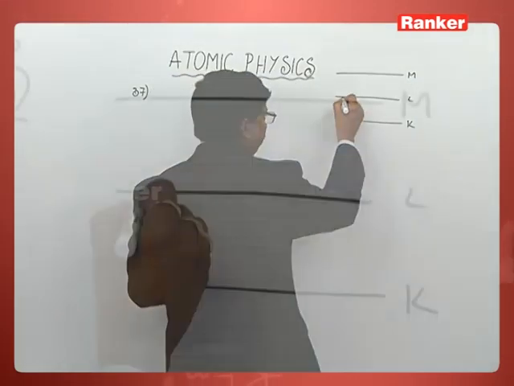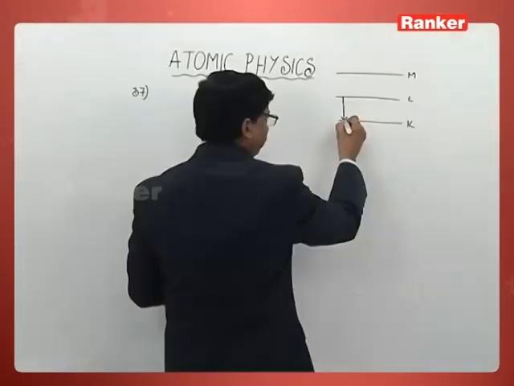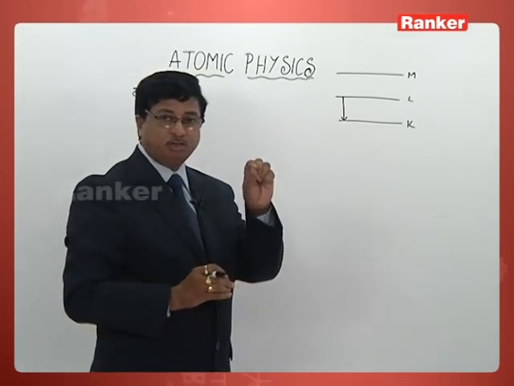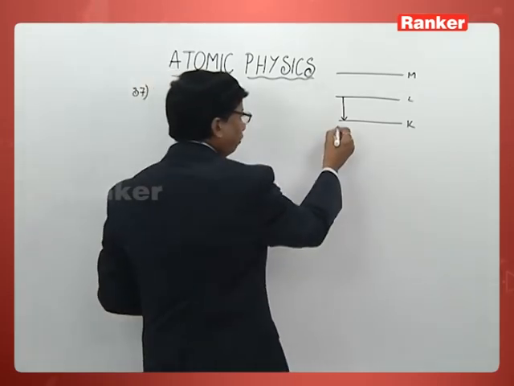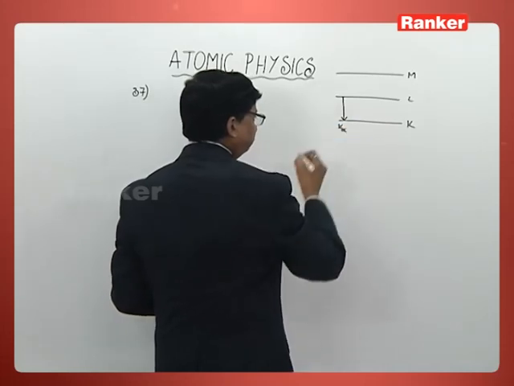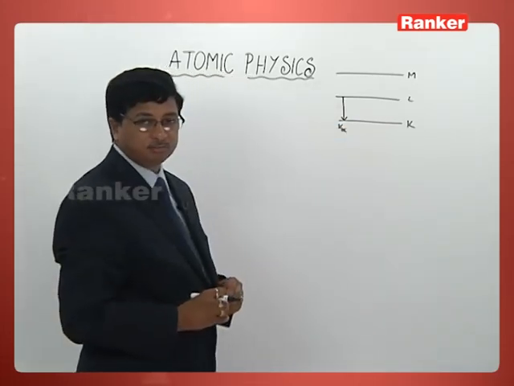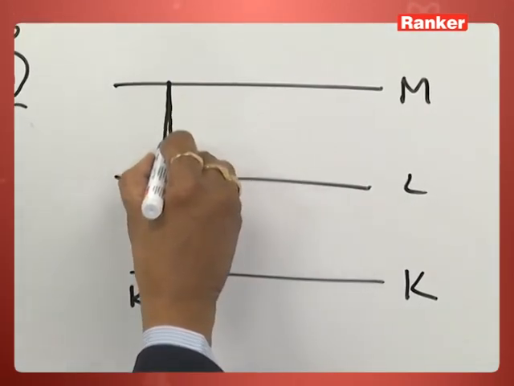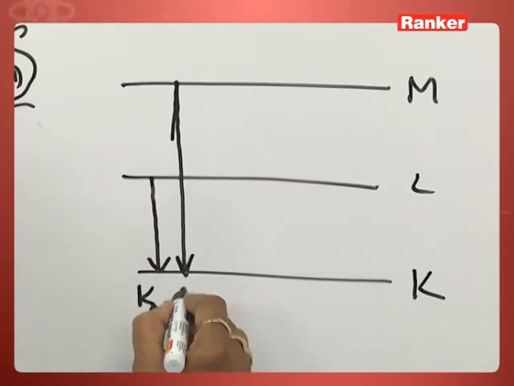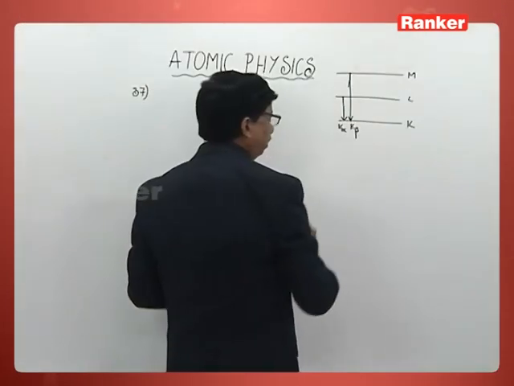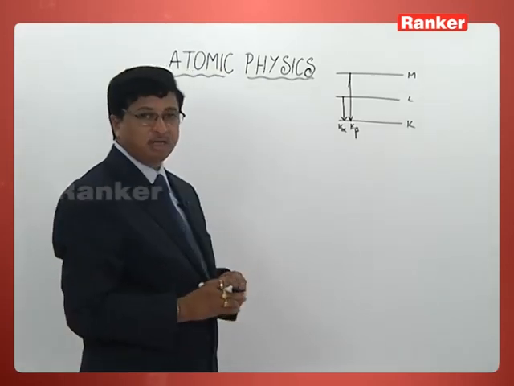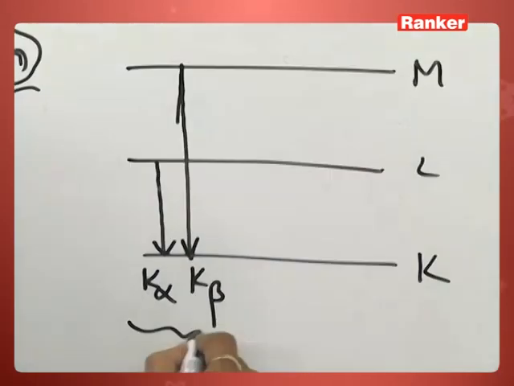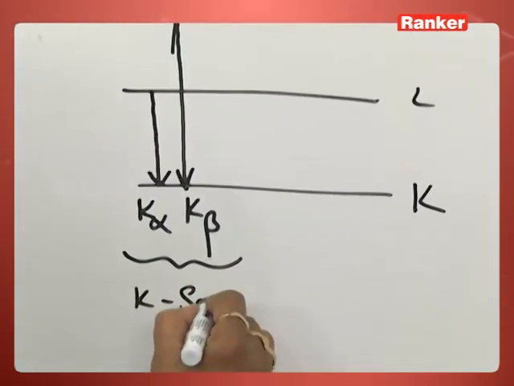When an L electron is transiting into the K shell, the X-ray that is released in that particular process, we call that K alpha line. All of you are familiar with this. In the same manner, when an electron is transiting between the M shell and K shell, we get K beta line, the next one K gamma, K delta, K epsilon, and so on. That is what we call the K series.